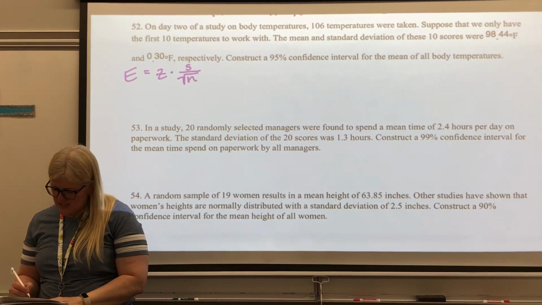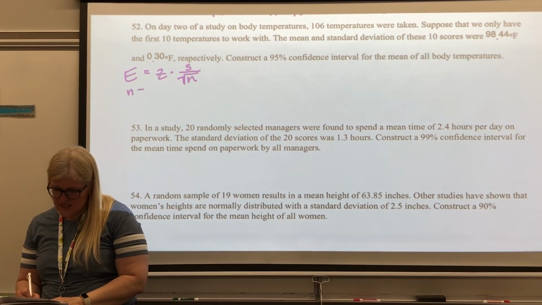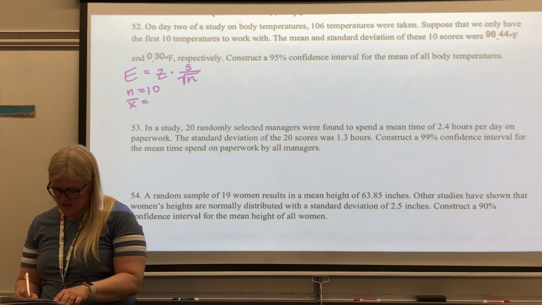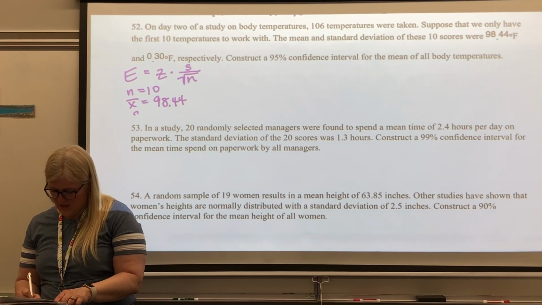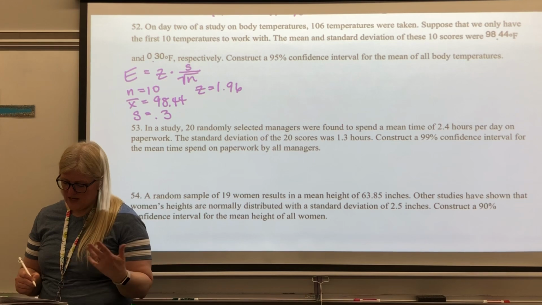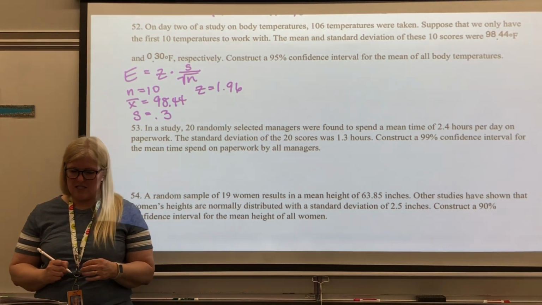So in this case, n is 10. X bar is what we're going to be using later for the interval. That's 98.44. S is 0.3, and Z for the 95% confidence interval is 1.96.